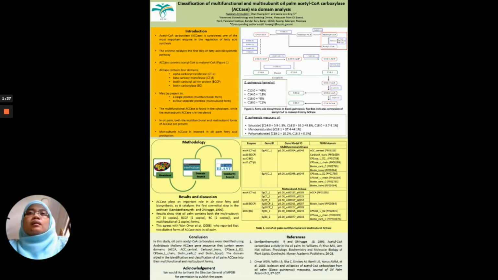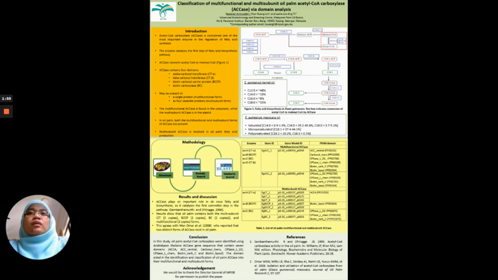The methodology begins by downloading the ACCase gene sequence of Arabidopsis from the TAIR website, and that sequence is used as reference and as query to identify the oil palm ACCase gene sequence.